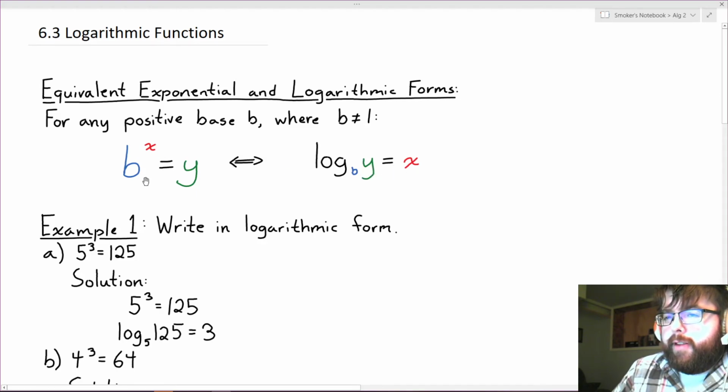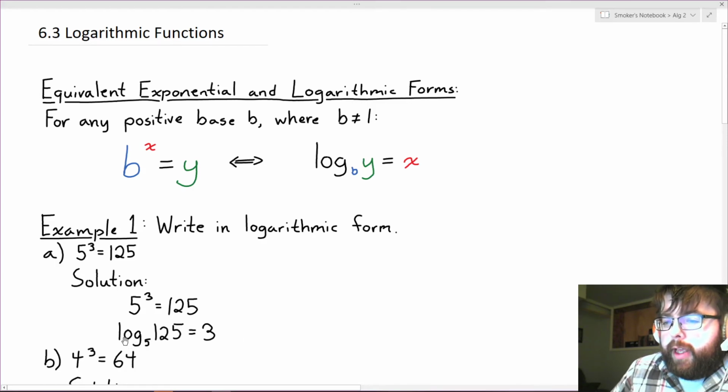This enables us to bring the exponent down to become the value of the equation. So 5 to the third power equal to 125 would be rewritten as log base 5 of 125 equal to 3.